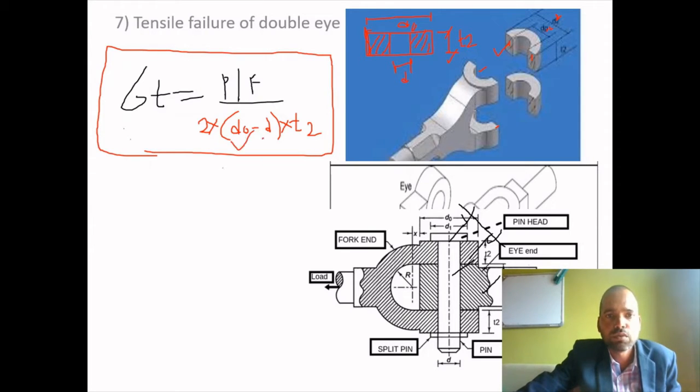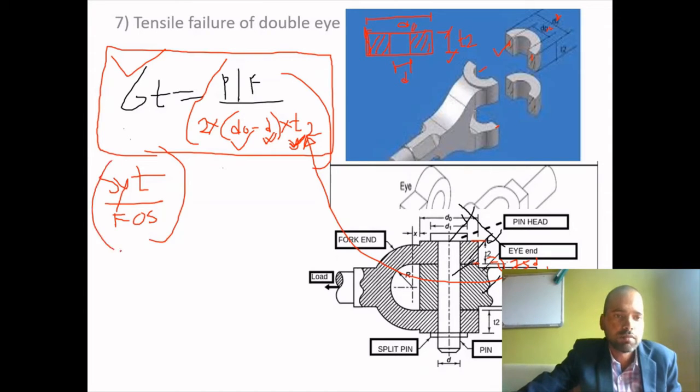From this equation, d0 was known, d was known, and t2, the thickness of this double eye, was unknown to us, which we have assumed: t1 is equal to 1.25 times d, and t2 is equal to 0.75 times d. So this 0.75 times d is substituted here, with d0 and d known to us. We will again cross check the value of tensile stress. Again, this is equal to SYT upon factor of safety.